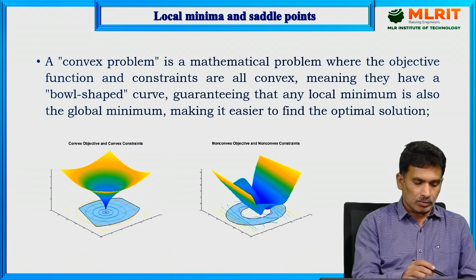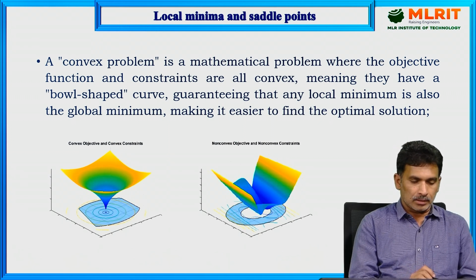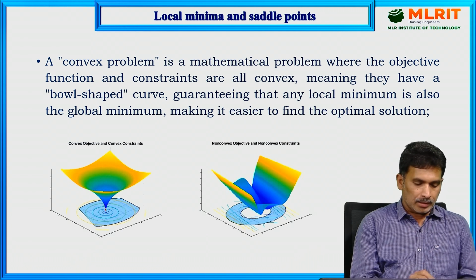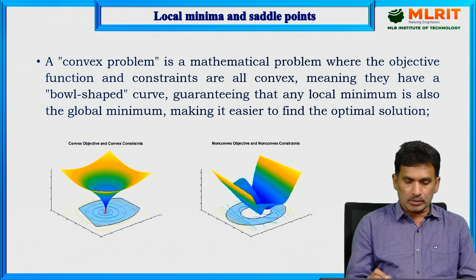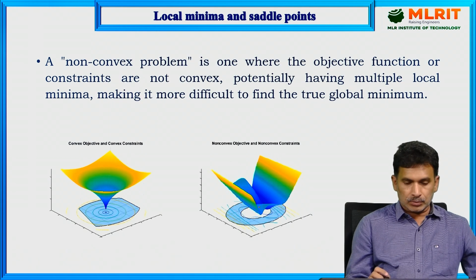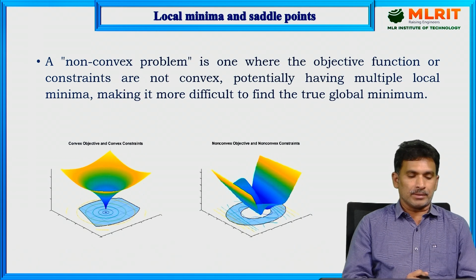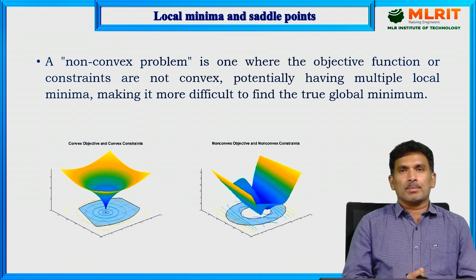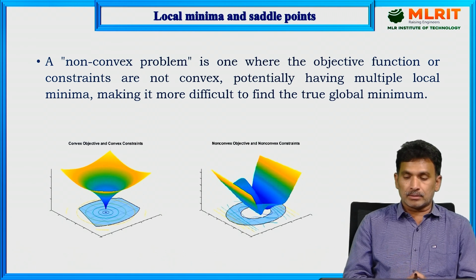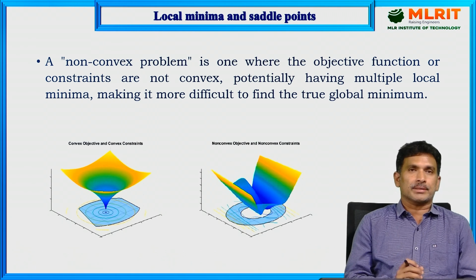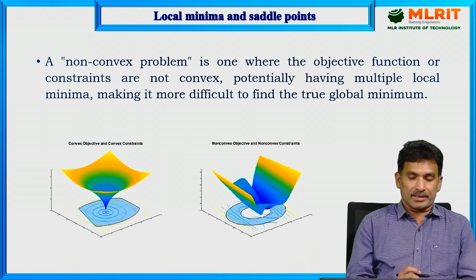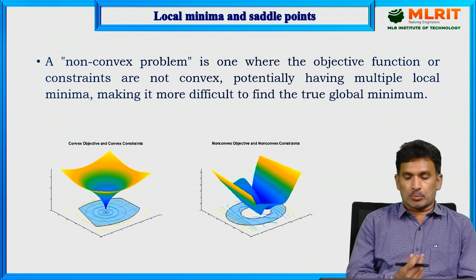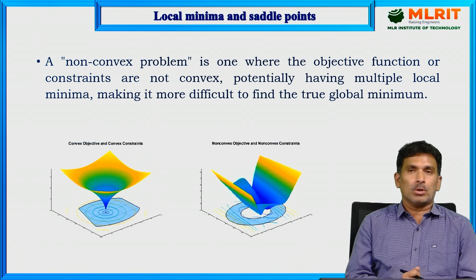So from this you can see this is a bowl shaped curve, and this is a non-convex one. Let us also understand what a non-convex problem is. A non-convex problem is one where the objective function or constraints are not convex, so it potentially has multiple local minimas.